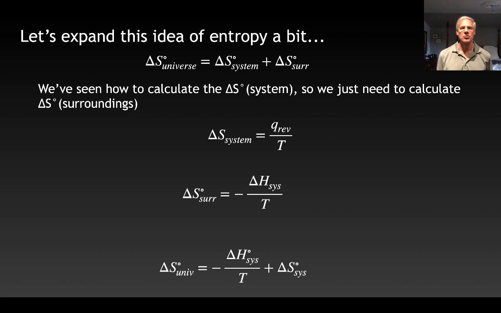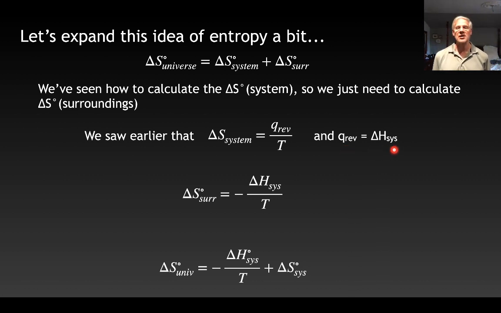We just need to know how to calculate the delta S of the surroundings. Well, we know that delta S of the system is equal to Q reverse over T. Okay. The other thing that we know is that Q reverse is equal to the delta H of the system. Remember? So the amount of heat involved in a reversible process is going to be equal to our enthalpy.